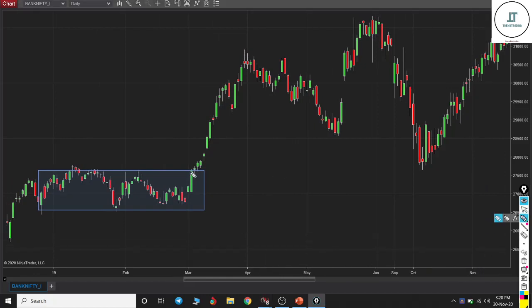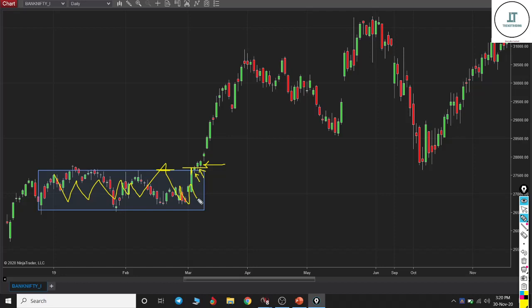Look at this. On this day, price made a breakout. The next full day, price was auctioning higher. On day 3, it is also auctioning higher, and on day 4, auctioning prices above the upper band of the balanced zone.